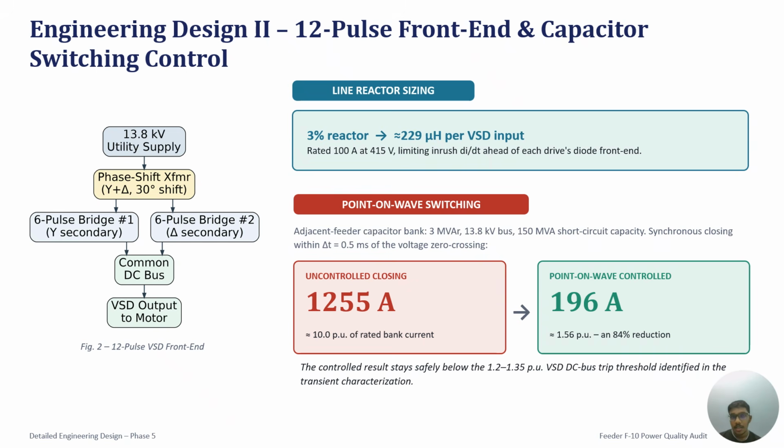So critically, that controlled result stays safely below the 1.2 to 1.35 per unit PST threshold value, which is what actually stops the nuisance tripping.